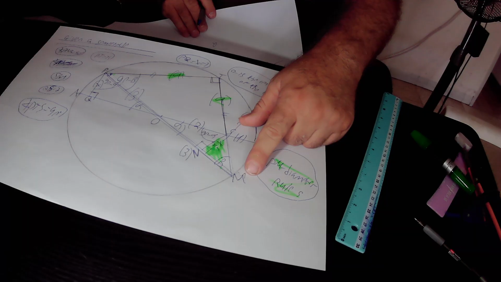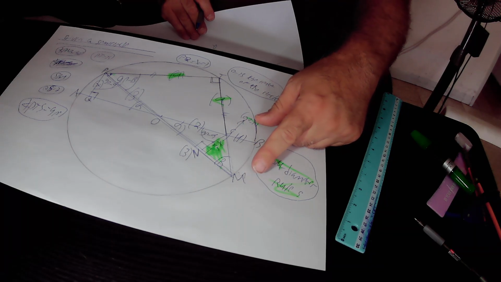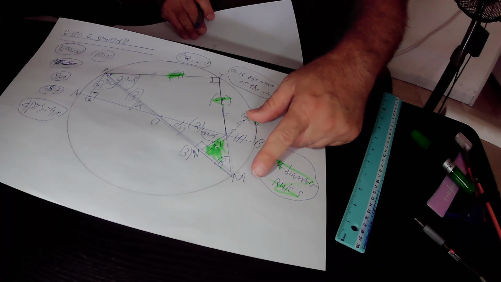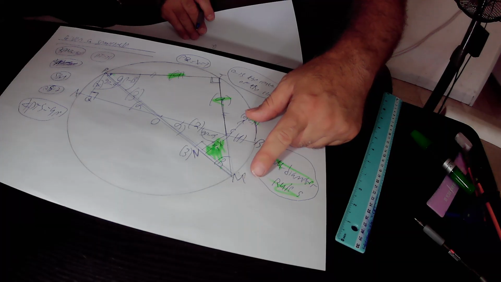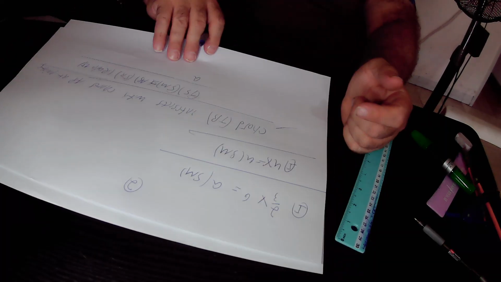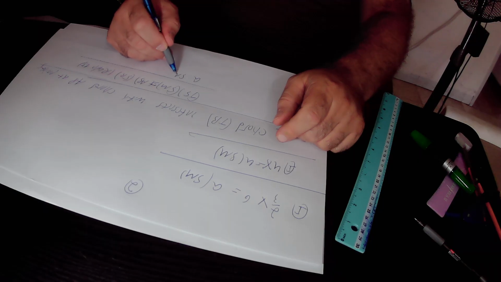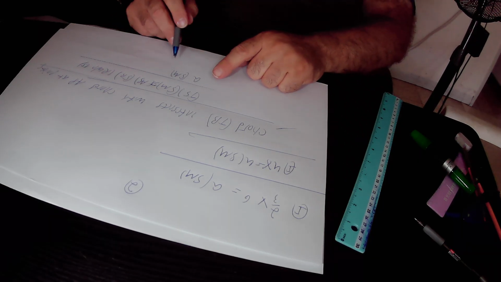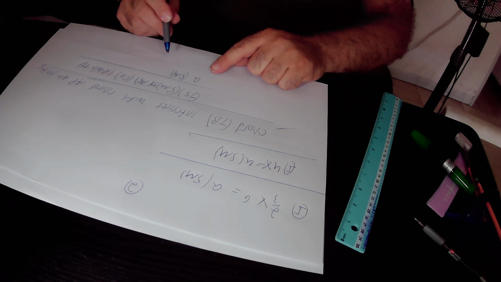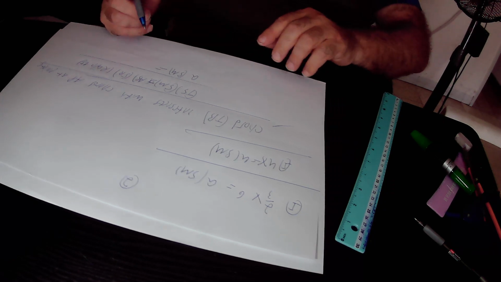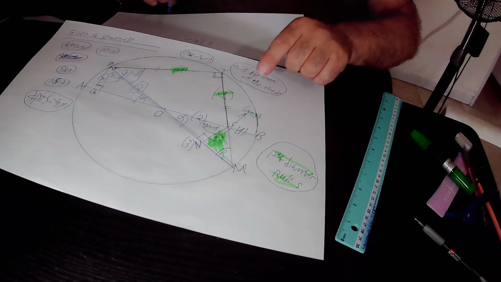SM is inside, so we leave it as it is. So on this side of the equation we have A times SM, and it equals AS.